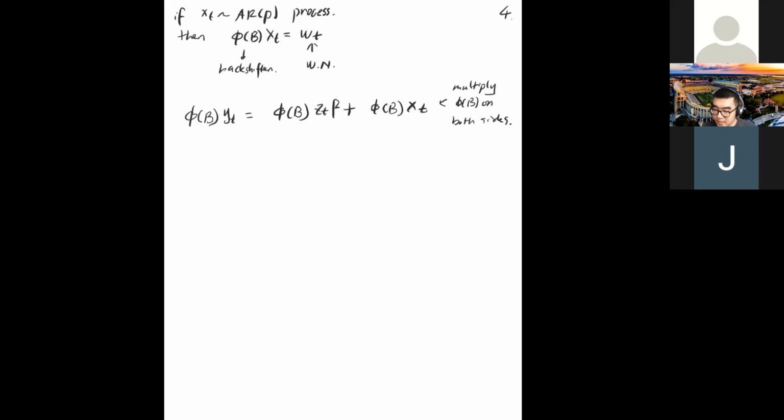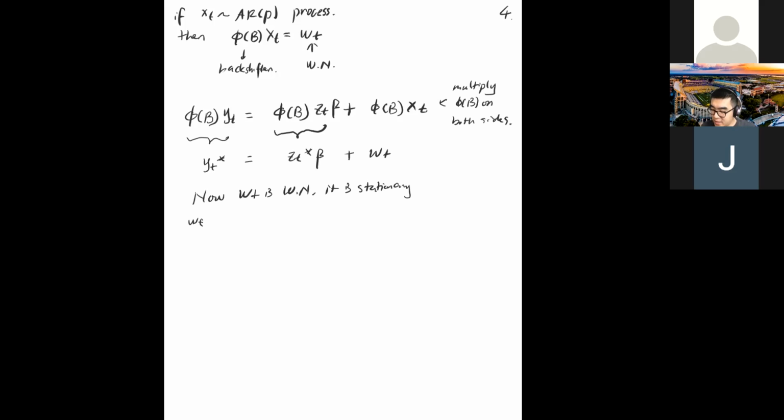Now how about we call this yt star, and let's call this part zt star beta plus wt. Okay, so now wt is white noise. It is stationary.